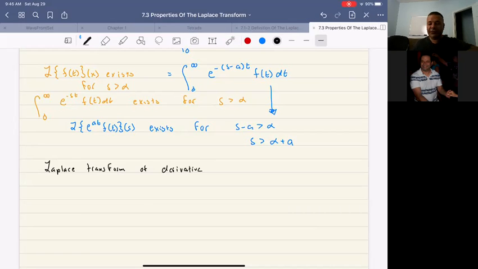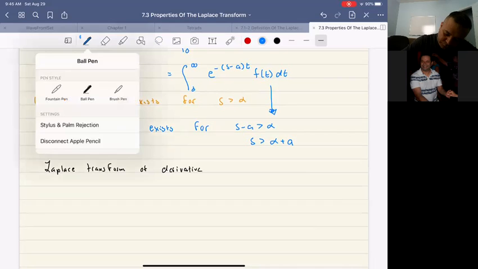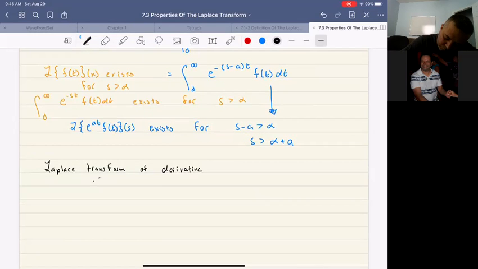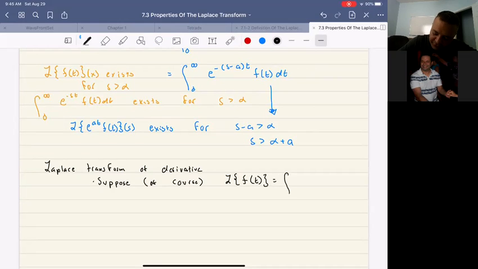We're going to suppose that the Laplace transform of the function exists. Of course, we suppose the Laplace transform of f of t, which is the integral from 0 to infinity of e to the negative st f of t dt, exists for s bigger than some alpha.